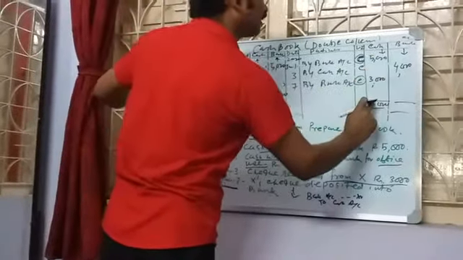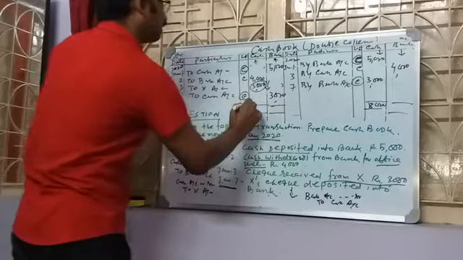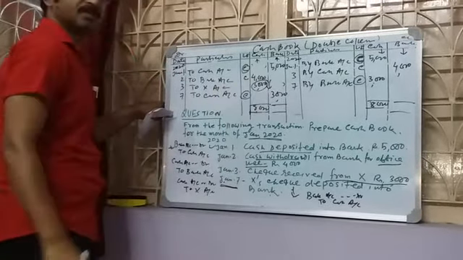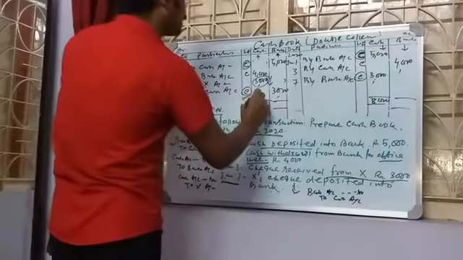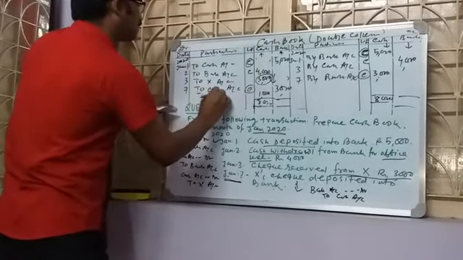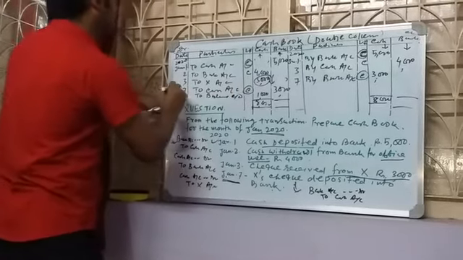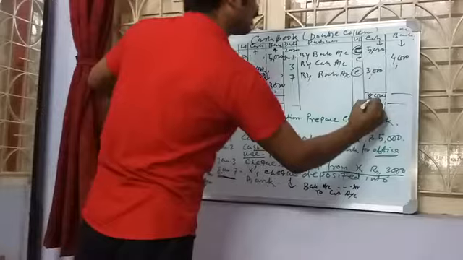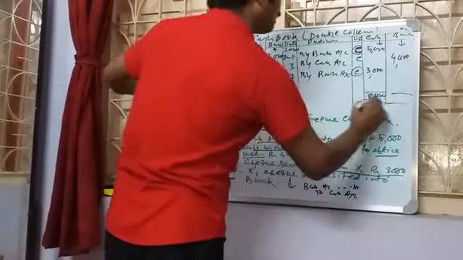Here you bring 8,000. Then 4,000 and 3,000 is 7,000. So 1,000 is the balance. Now here you write to balance c/d.